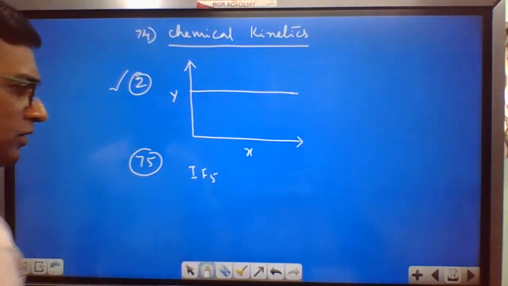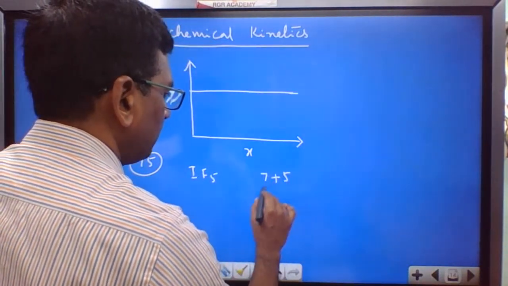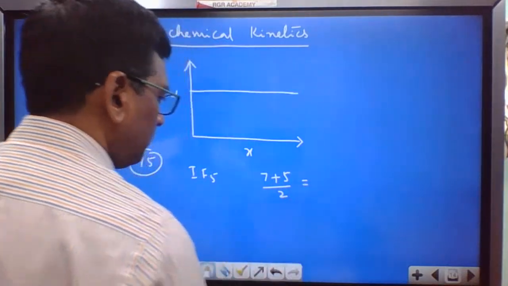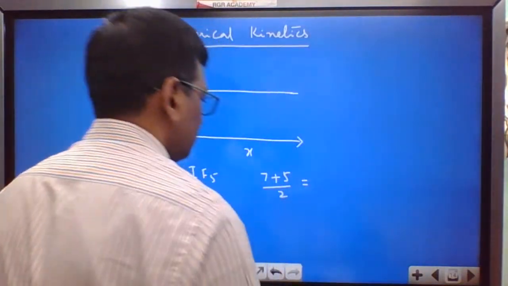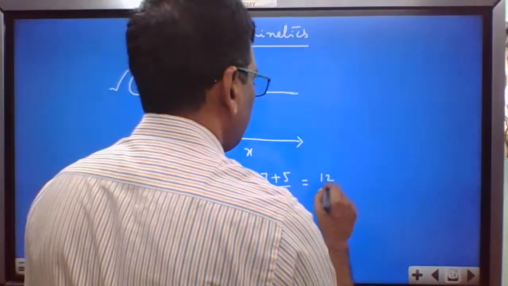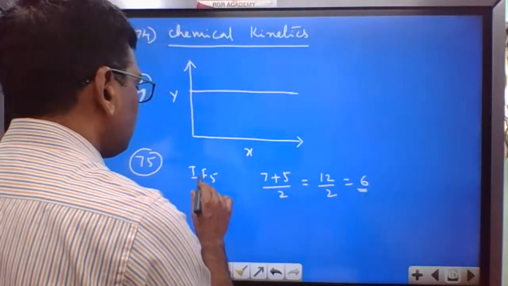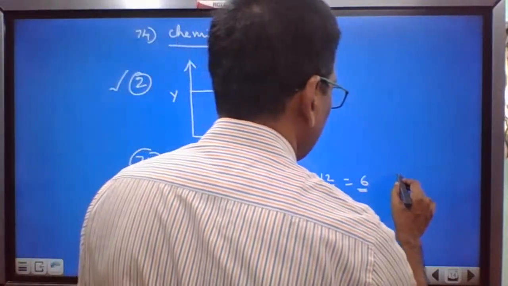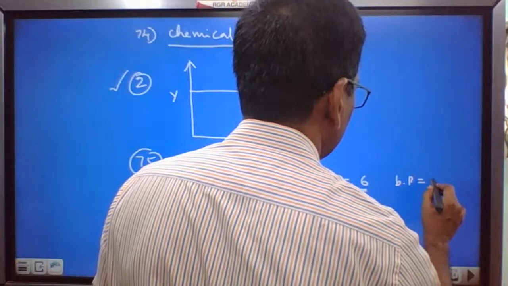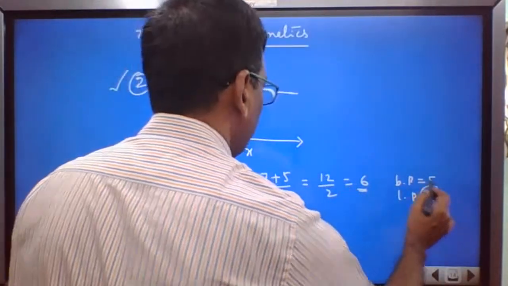How will you find out? Very simple: number of valence electrons 7 plus 5 divided by 2, that is 12 divided by 2, that is equal to 6. So 6 electron pairs, it is forming 5 bonds. So bond pairs are 5, lone pairs are 1. So it has only one lone pair.